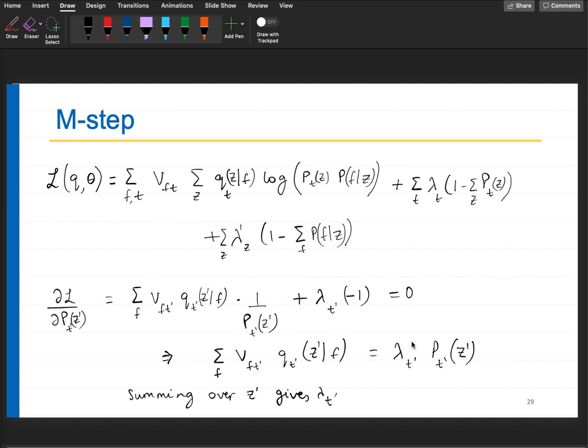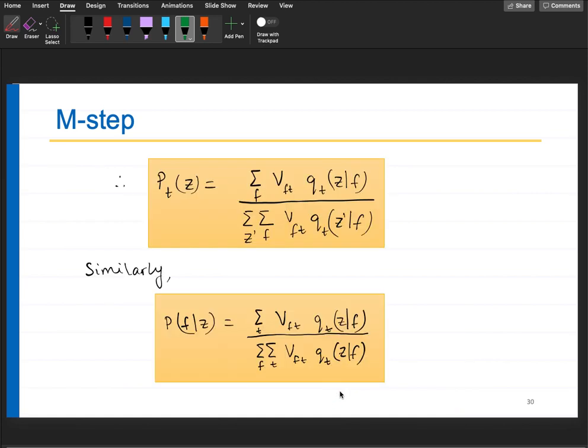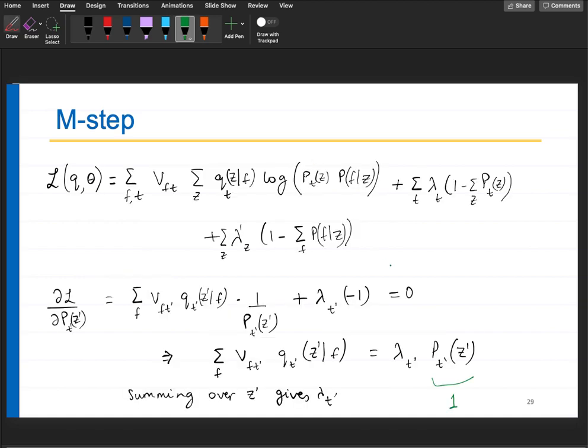Now, if you rearrange, it becomes something like this. If you sum over all the Z', this term will go to 1, right? And the summation over Z' will appear here, and you will get the value of lambda T'. And you substitute the value of lambda T', and you get your P(T|Z), which is this thing, right? So what was my P(T|Z)?